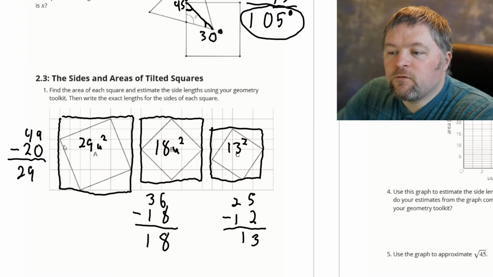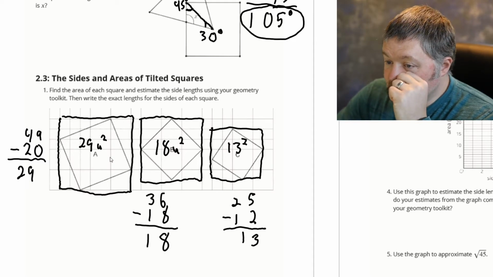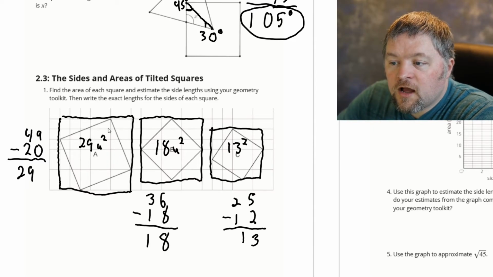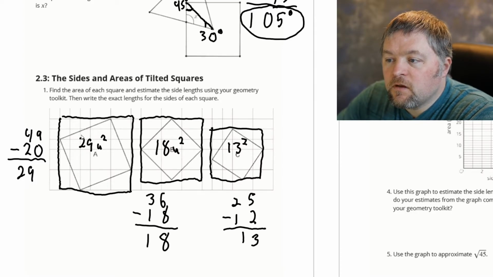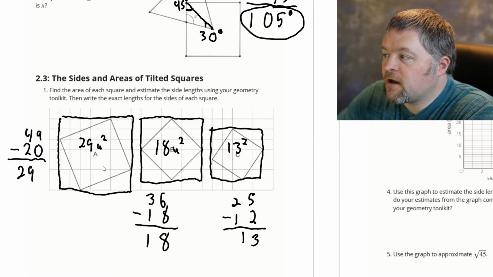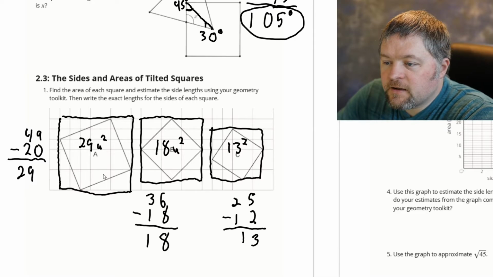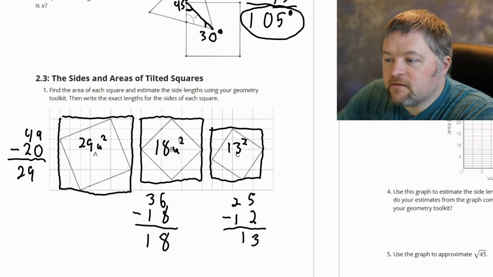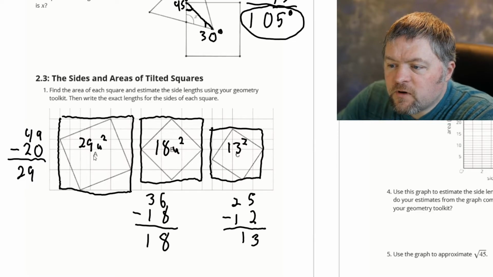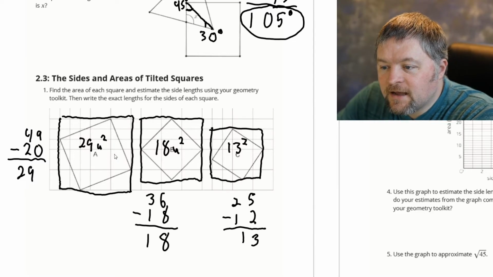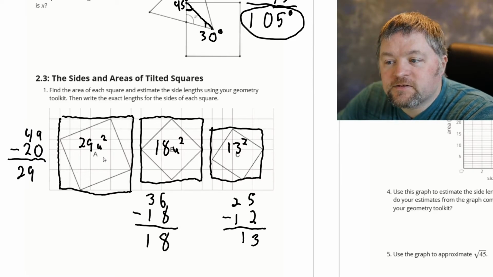Now, if we want to know the exact side lengths of these, we could try measuring them, or we could try finding out what you multiply by itself to get these areas. So what number do you multiply by itself to get 29? Well, it's more than 5 because 5 squared is 25.